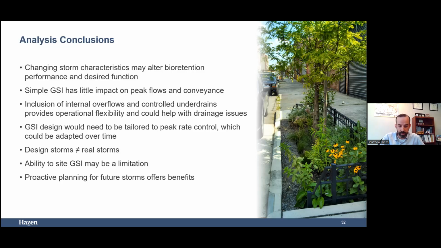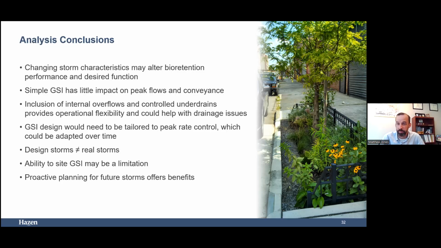I know there are a number of programs that are already using controlled underdrains in different capacities. But that can be as simple as having your underdrain pipe go into a threaded cap. Initially, you may keep that cap completely closed, really focusing on water quality and infiltration. By having that underdrain there, you can gradually increase the size of that orifice over time as needed to tailor the capture of your bioretention to the storms that you're trying to manage.